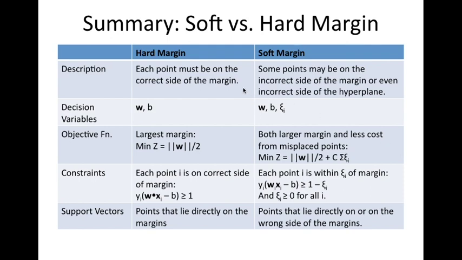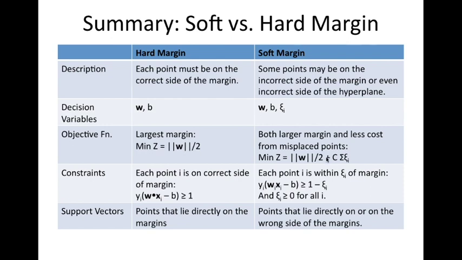So now that we've talked about all of that, this is just a summary to make everything crystal clear. In the hard margin case, each point must be on the correct side. Soft margin, some are allowed on the wrong side. Decision variables: in the soft margin case, we add the ξ sub i for each observation.